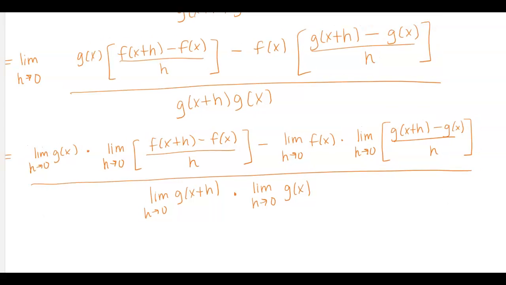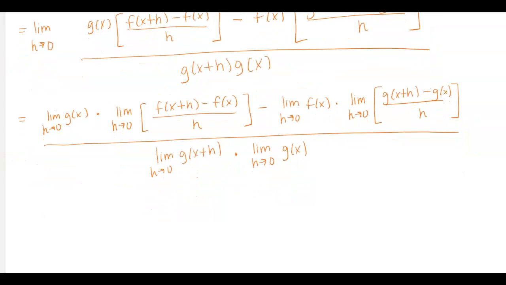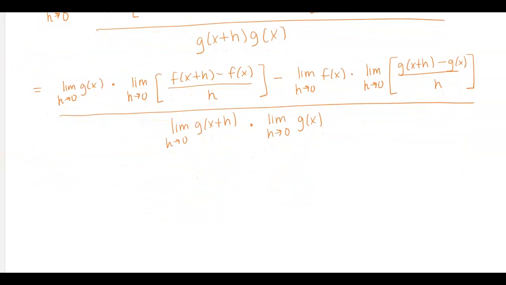All right, so now let's look at each of these systematically. This first one, there's no h's involved, so when I take the limit, I'm just going to end up getting g of x. Similarly, this guy has no h's in it. So when I take the limit, I'm just going to get f of x.